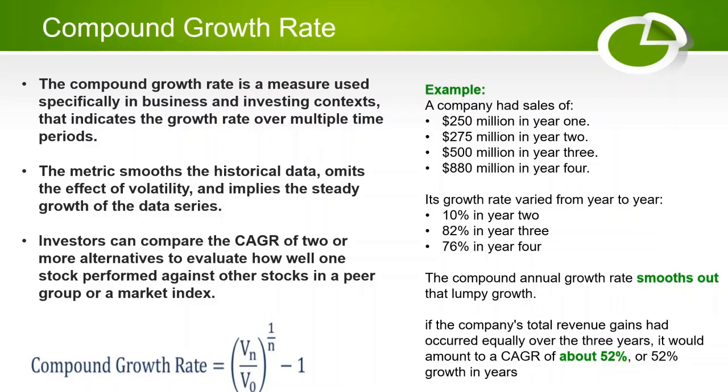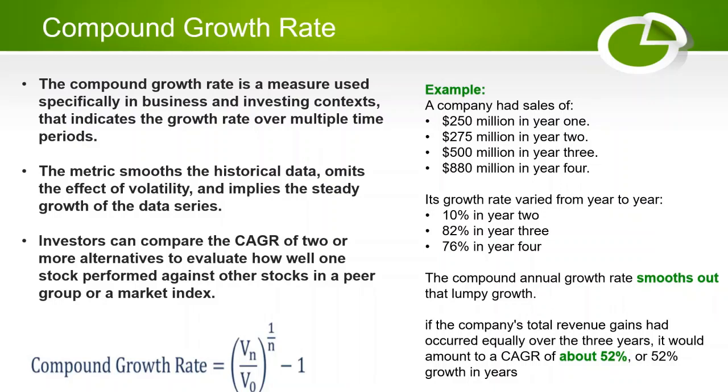The example: a company has sales of 250 millions in year 1, 275 millions in year 2, 500 millions in year 3, 880 millions in year 4. So from the first year 250 million and the second year it is 275 million.